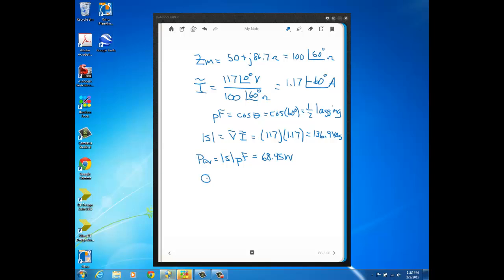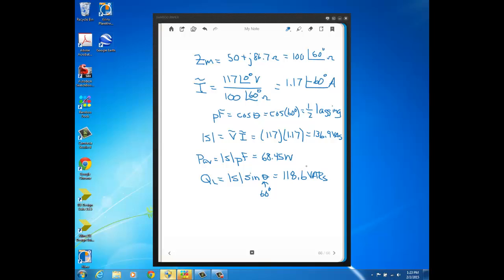And then Q would just be the apparent power times sine the angle. Okay, sine 60 degrees. Remember, this is the 60 degrees that we got earlier. And that comes out to 118.6 VARs.